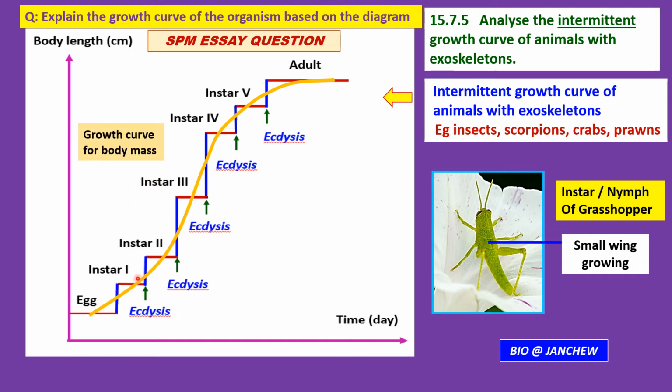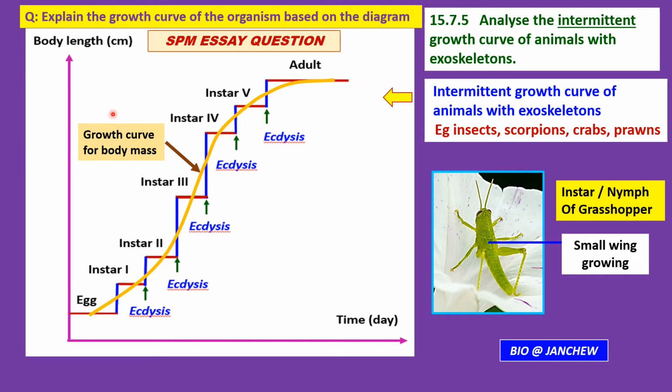So we can take the center parts of all these red lines and join them together to form a smooth curve, and it looks like a sigmoid curve, like the growth curve of humans and other animals, because the body tissues are increasing gradually and continuously. So this is the growth curve for body mass, or dry mass, of the insect.